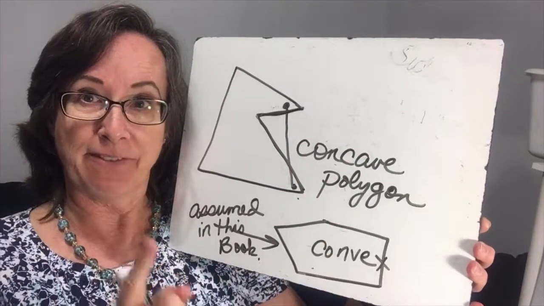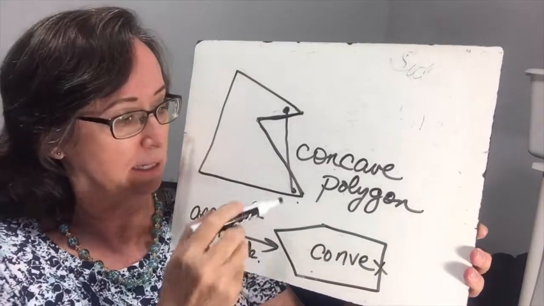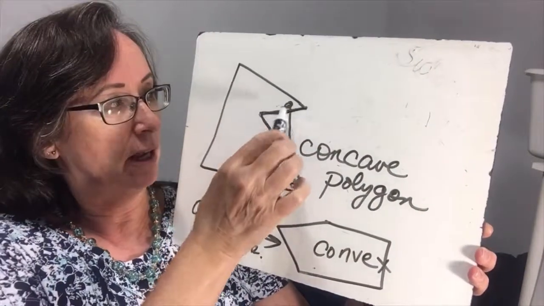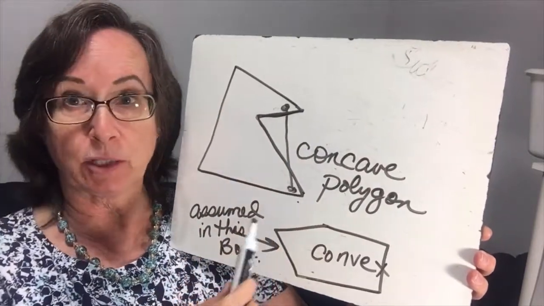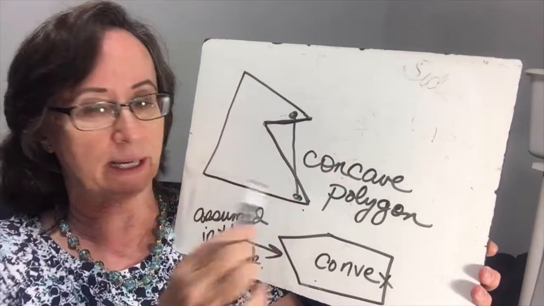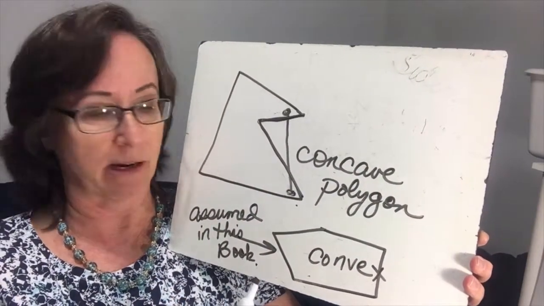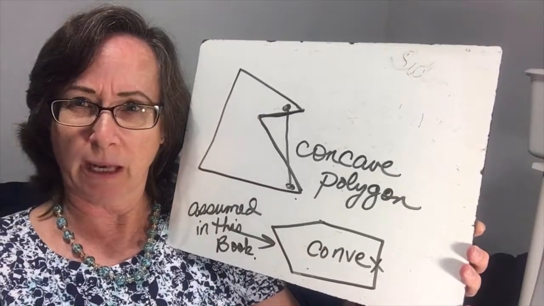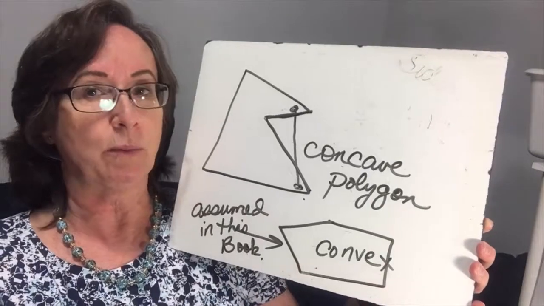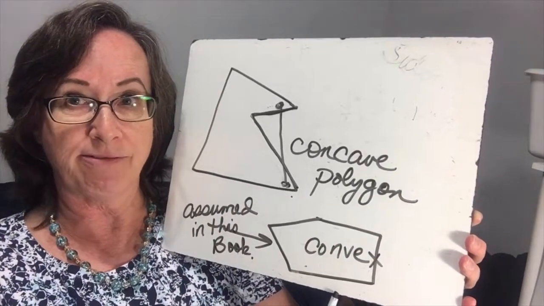And the formal definition: if there are any 2 points in the polygon such that in order to draw the line between the 2 points, you would have to go outside the polygon to make a straight line, then that would be a concave polygon. But most of the polygons that we're going to deal with, whenever they say polygon in this book, they're going to assume a convex one.